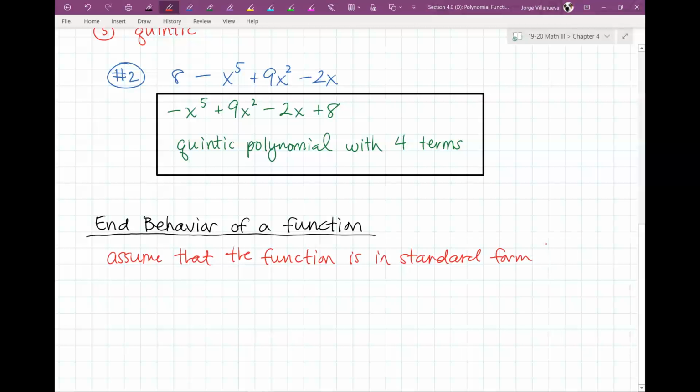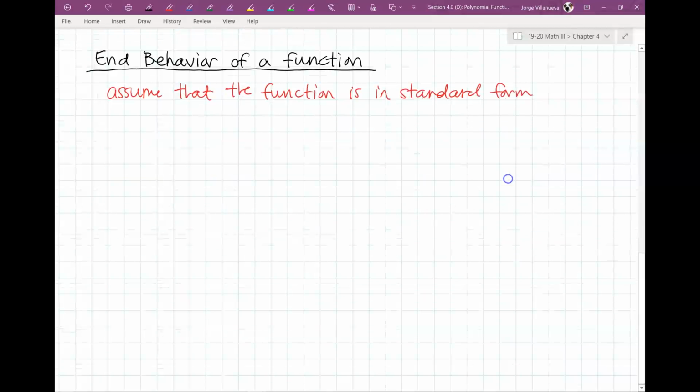So the first thing you got to do is write it in the correct manner. Okay? So let me write the following down. Ax to the n plus bx to the n minus 1 plus etc. Okay, the only thing that we have to worry about is the a term and the power.